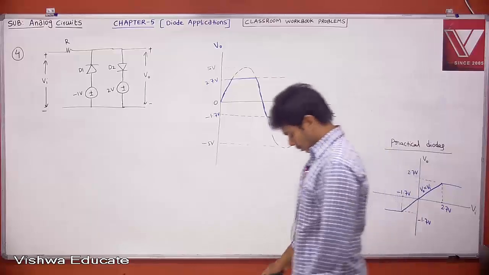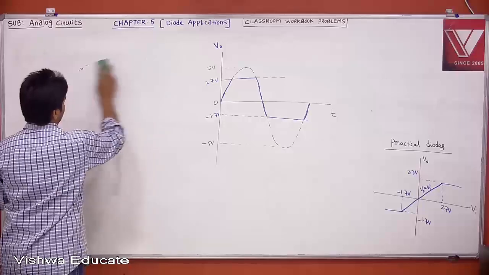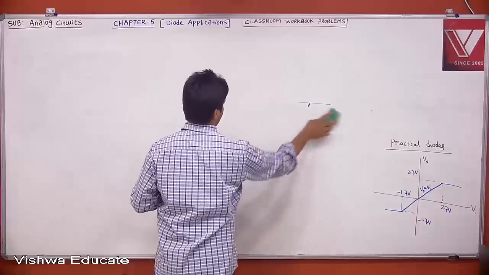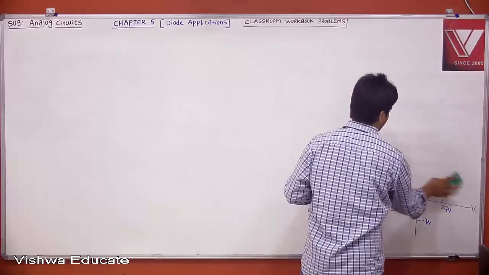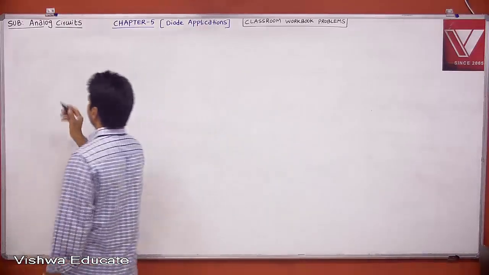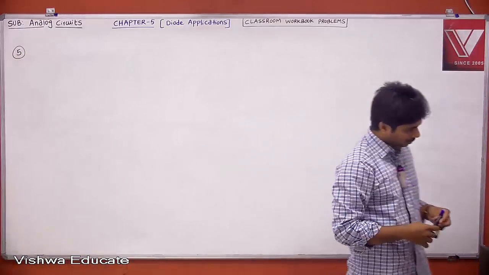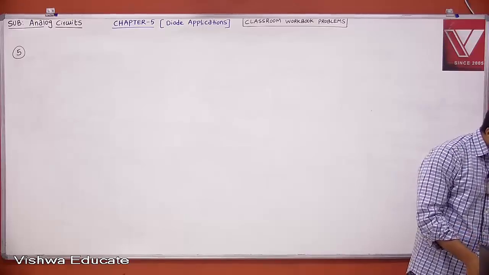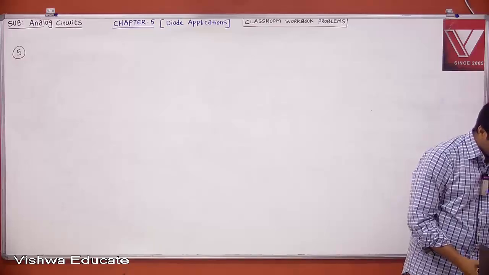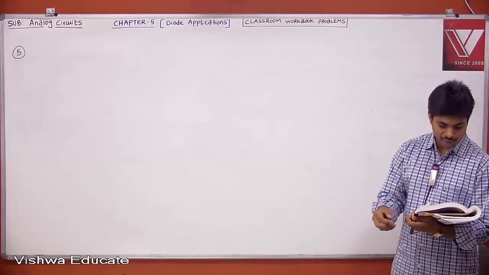Done? Okay. Now problem number 5. In the following, a voltage 1000 sin omega t is applied across YZ, assuming ideal diodes.